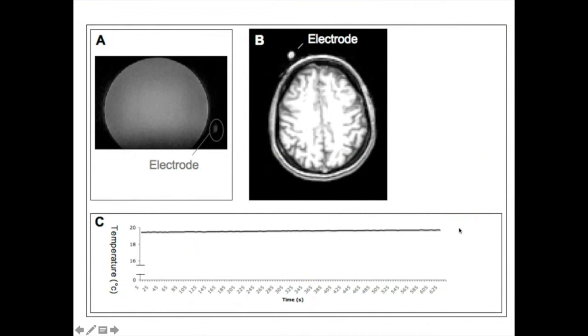We see a few tenths of a degree of heating underneath our electrodes. We don't see more than that, but we do always check. It is not obvious how the RF and the conducting materials will interact at any given head direction, and so we always test every single configuration before we do it, even though we may have done that sequence or used that electrode placement before.